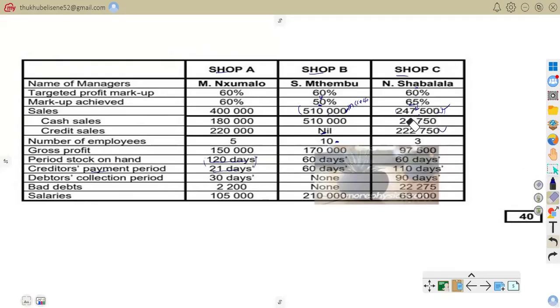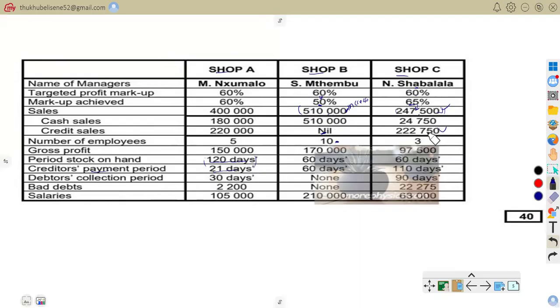So our sales are how much? 247,500. They are our lowest, as you can see. These two other shops have more sales than shop C. So the problem is that their sales are lowest, 247,500. Also, they give too much credit. As you can see, their credit is too much, 222,750.